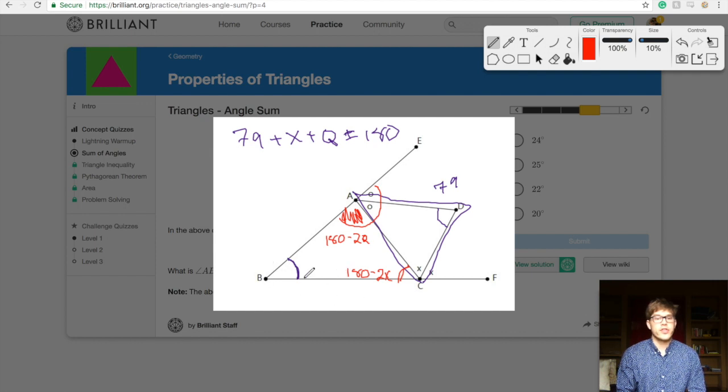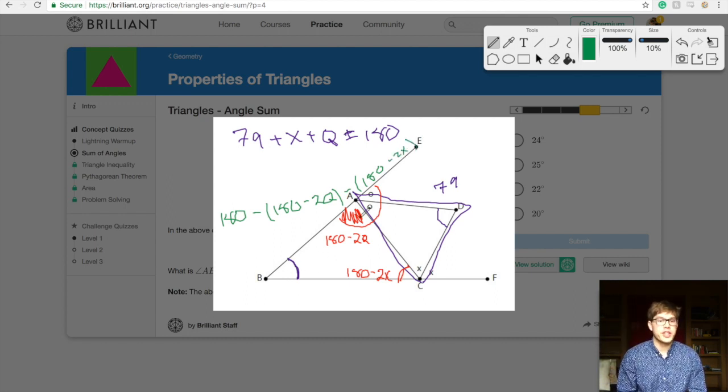And then this angle, which we're looking for, must be 180 as the sum of the whole triangle's angles, minus 180 minus 2q, and then again minus 180 minus 2x.